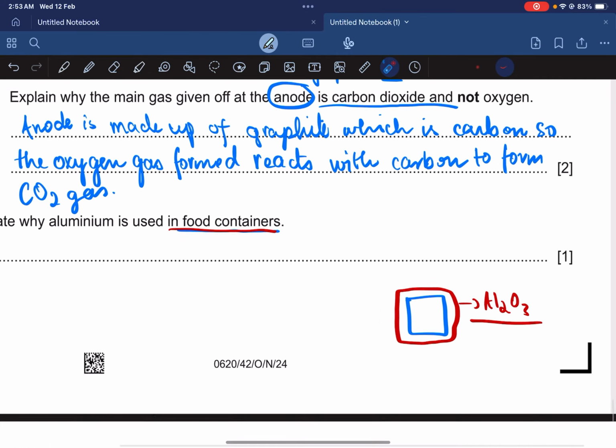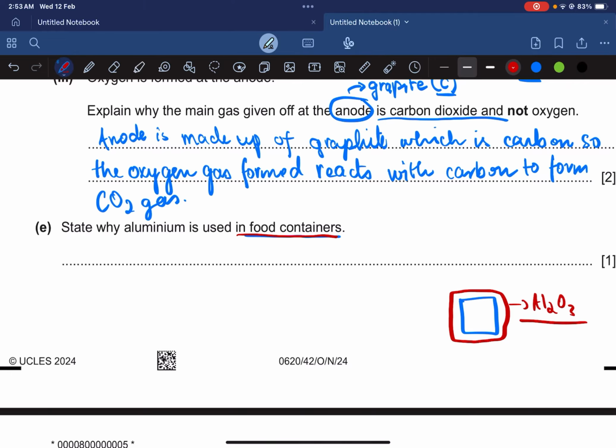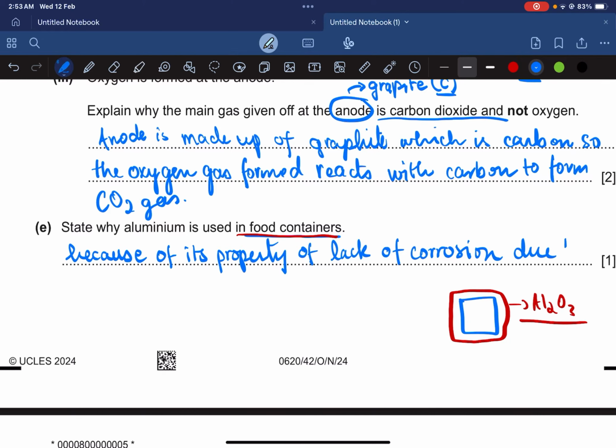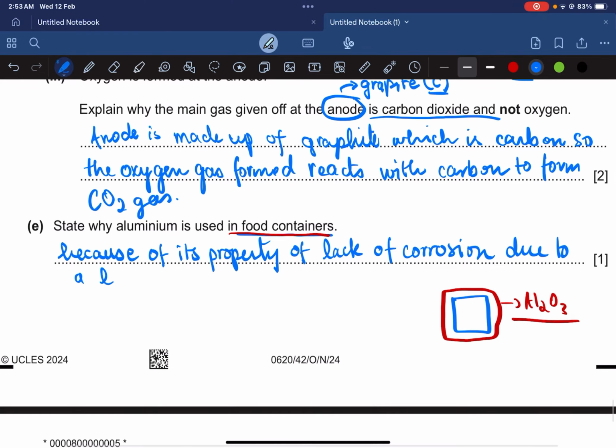So we use aluminium in food containers because of its property of lack of corrosion. You can write: due to a layer of aluminium oxide on it.